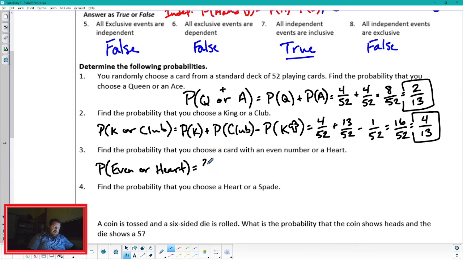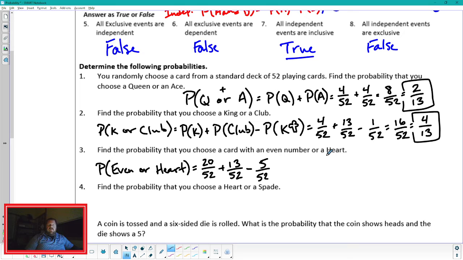So we said there were 20 evens out of 52. There were 13 hearts. And then we have to ask ourselves, are there even hearts? Well, yeah, there are. There's 2 of hearts, 4 of hearts, 6, 8, and 10 of hearts. So there's 5 that are in the overlap.